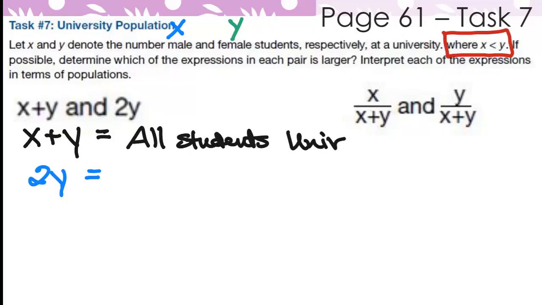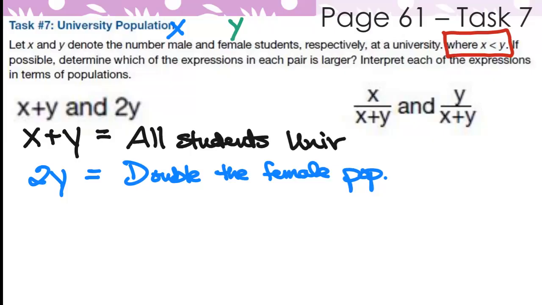Yeah, but what is Y again? Female. So if I say 2Y, I'm talking about double what? Yeah, double the female population at the university, right? Double the female population at the university.